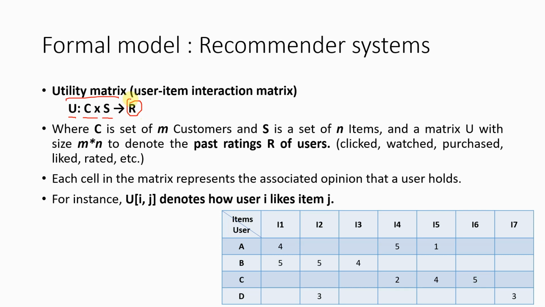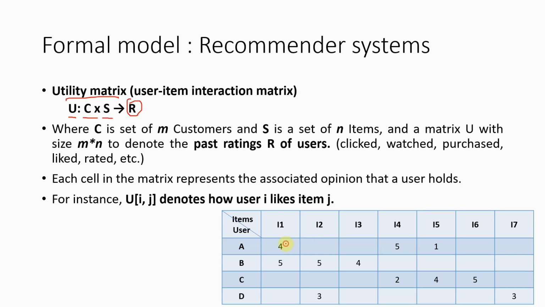So the matrix U can be represented as M cross N, and the values inside that matrix represent the rating of the user for the particular item in terms of clicked, watched, purchased, liked, rated, etc. Each cell in the matrix represents the corresponding opinion about the product by the user.